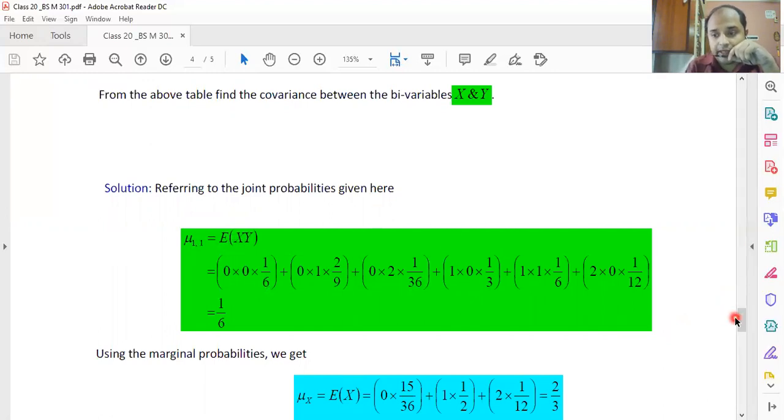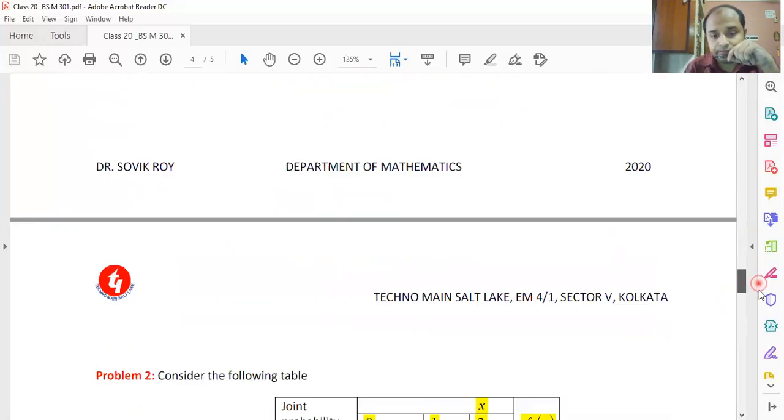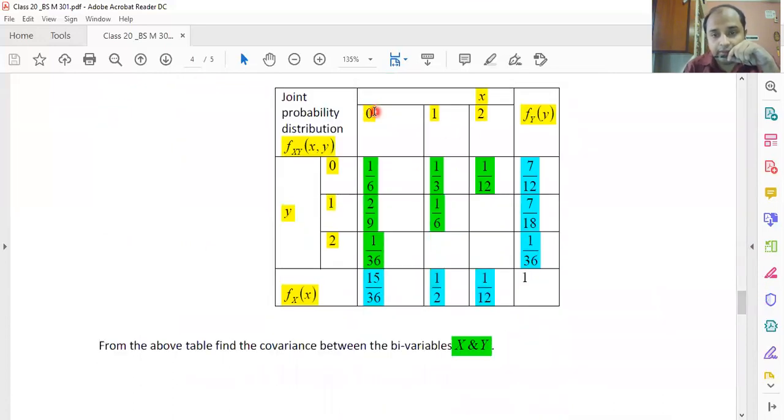So how to calculate this? You see, I am taking the value of capital X to be 0, multiplying this with the value of y, which is 0. So 0 into 0 multiplied by their respective probability, 1 by 6. Then we are considering 0 and then 1, multiply them together, and then multiply the product by 2 by 9.